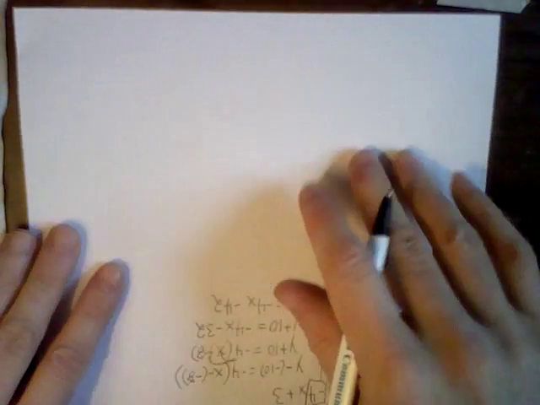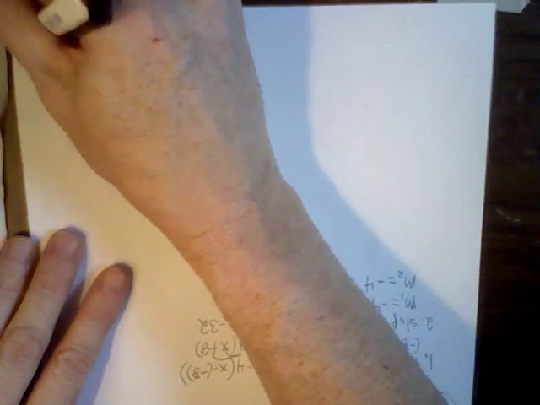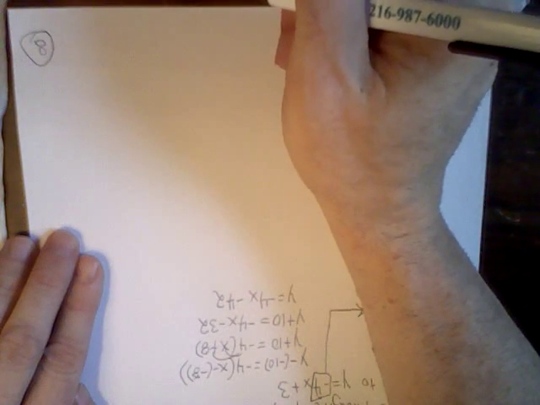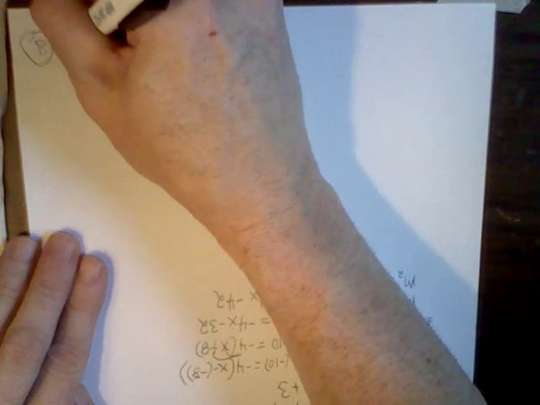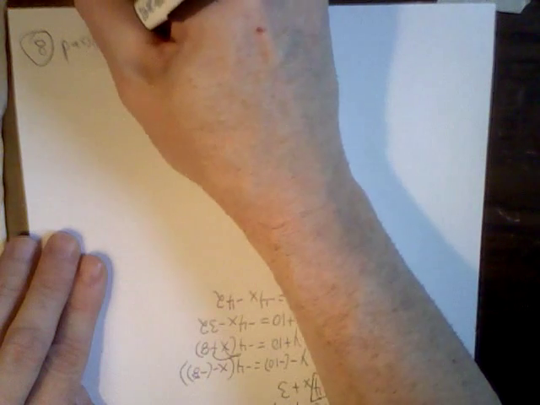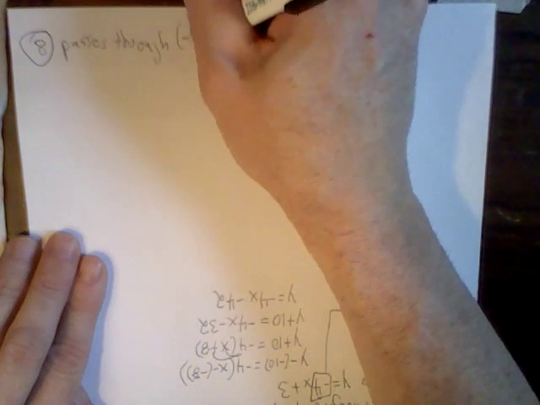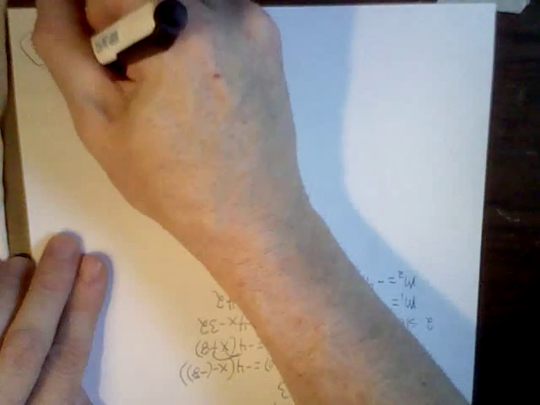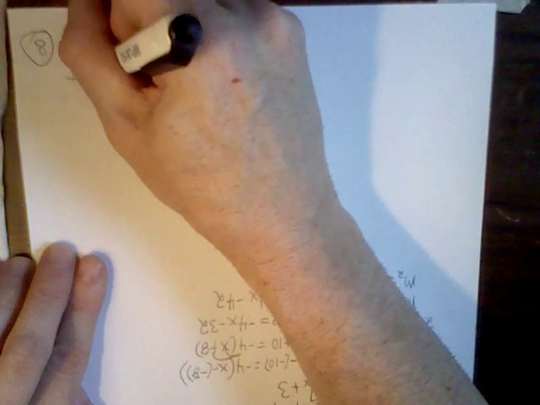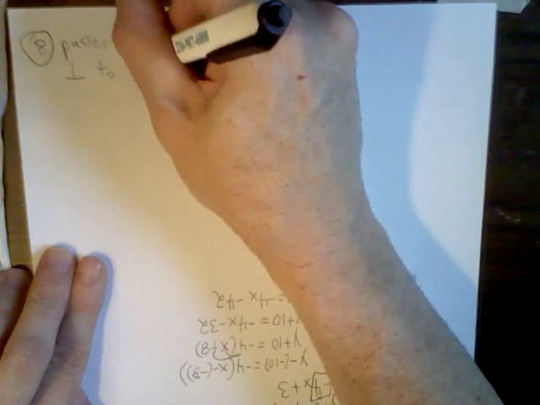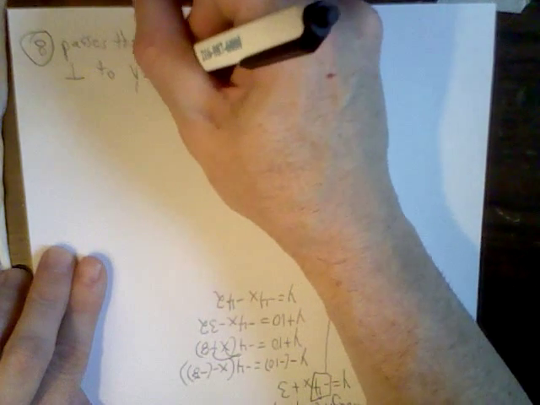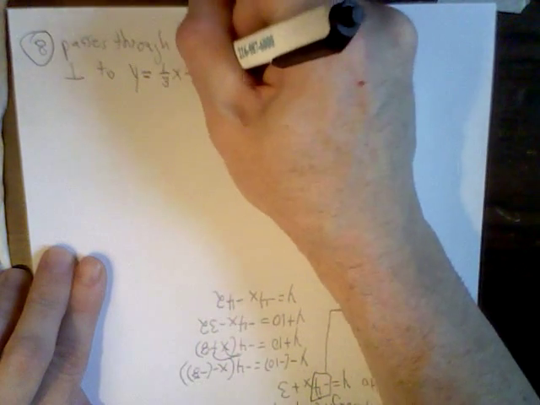Okay, let's keep on going and look at some more examples. Here's problem 8. So this time our line is passing through the point -4, 2. The line is perpendicular to the line y equals 1/3 x plus 7.